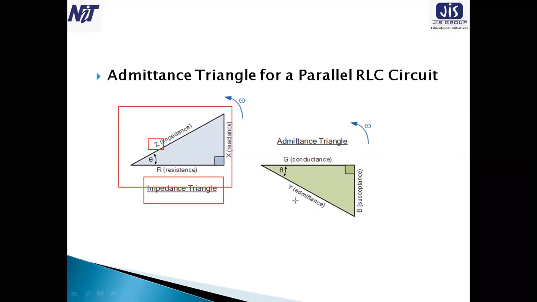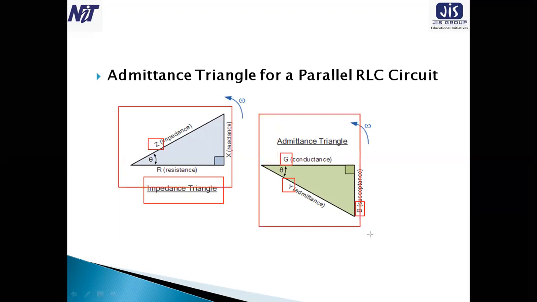Now, we know that G is the reciprocal of R, Y is the reciprocal of Z, and B is the reciprocal of X. So here, using the concept of the impedance triangle and putting the values Y equals 1 by Z, G equals 1 by R, and B equals 1 by X, we can easily draw the admittance triangle.